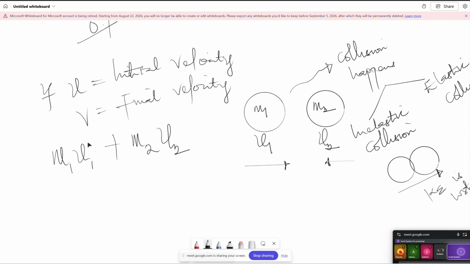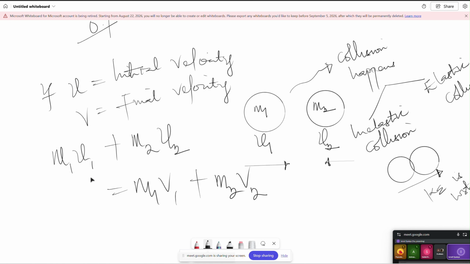Okay. So if I'm using u as initial velocity, you're going to have m1 u1 plus m2 u2 equals m1 v1 plus m2 v2. Just take that as your formula for conservation of linear momentum. So your job will now be to label your parameters. Is this one mass 1? Is this one mass 2?